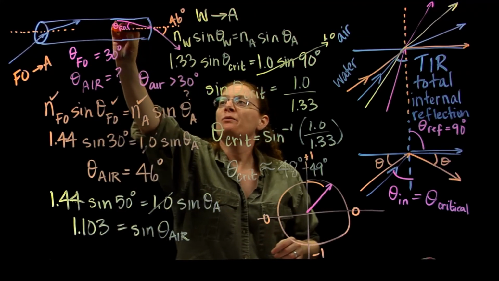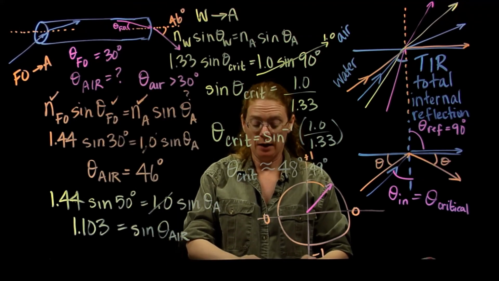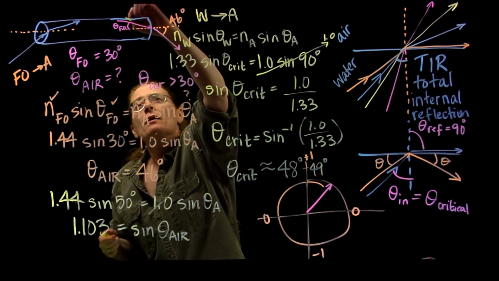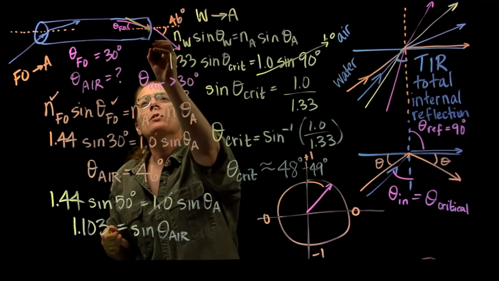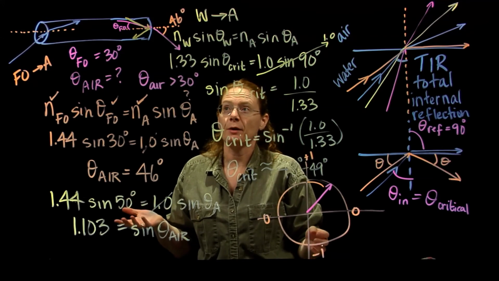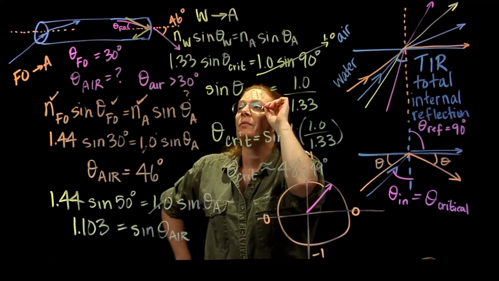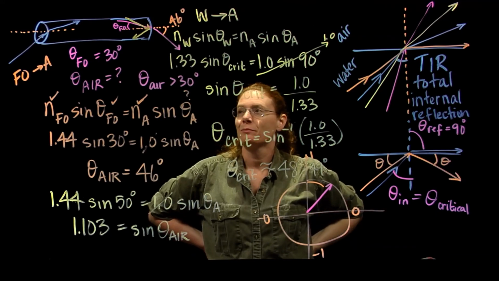If it comes in at 50 degrees, it's not going to leave. It's going to come in at a steeper angle and bounce right back out. And this is the cool thing about fiber optics, you can just have it keep bouncing, bouncing, and bouncing. That's how fiber optics works.